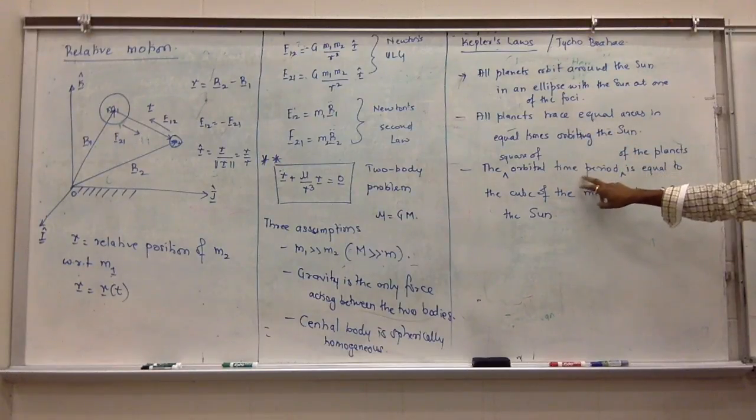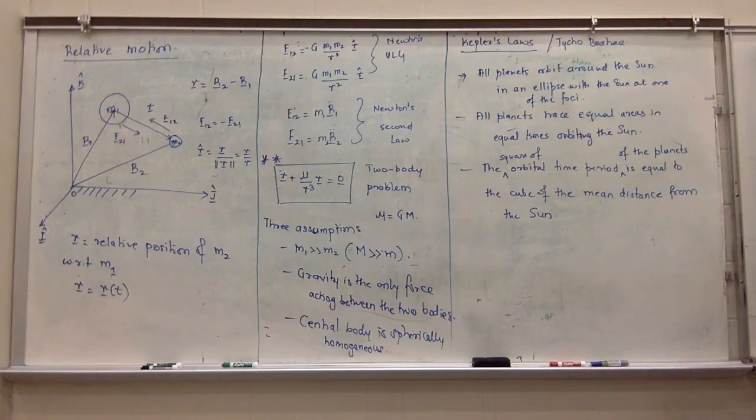The third law states the square of the orbital period, the time period, is equal to the cube of the mean distance. What does this mean? What is orbital time period? Everybody understands orbital time period? It would be like a year. It will be a year for Earth, right?